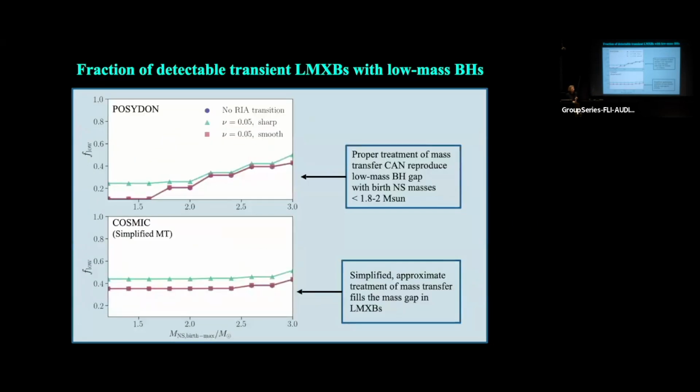So then we used MESA, and through the infrastructure of a new code we're building called Poseidon. Forget about the names. The point is, here now, we're calculating the best possible treatment of mass transfer we have available in astrophysics. Here, we're comparing to our more simplified mass transfer that we use most commonly. And for the first time, we brought down the filling factor to below 20%.